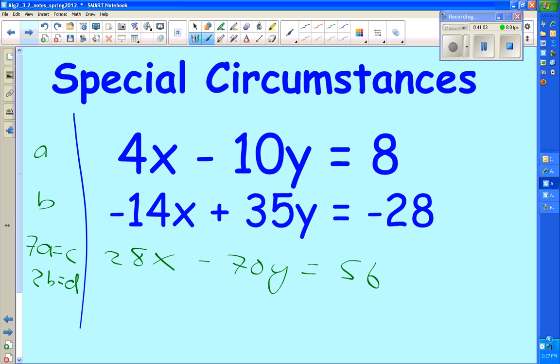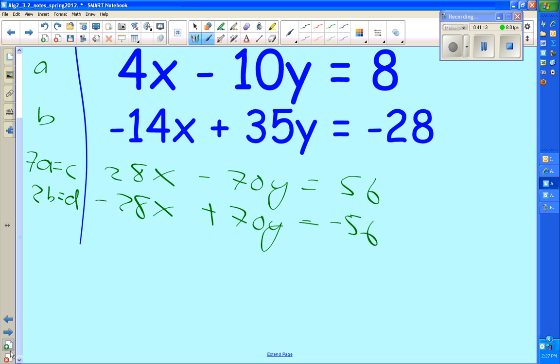How about that statement? Always true. Always true, which means what? Infinite solutions. Same line, infinite solutions to the system. These are the same lines if you were to graph them.